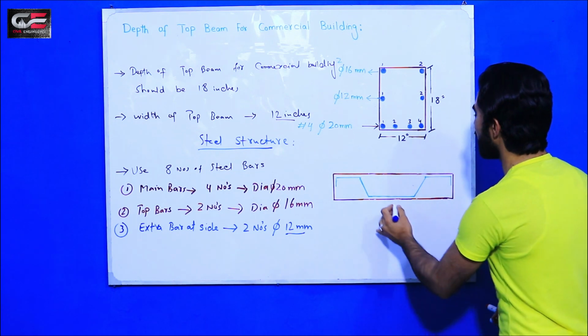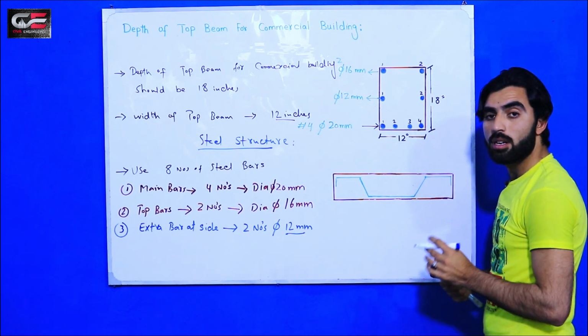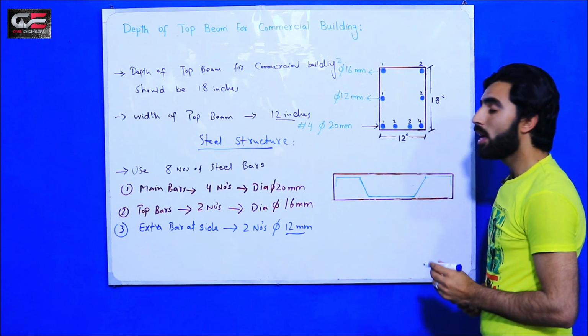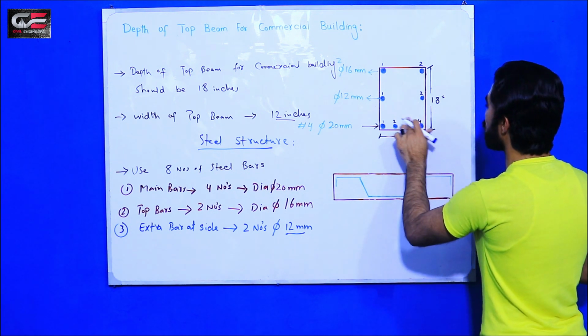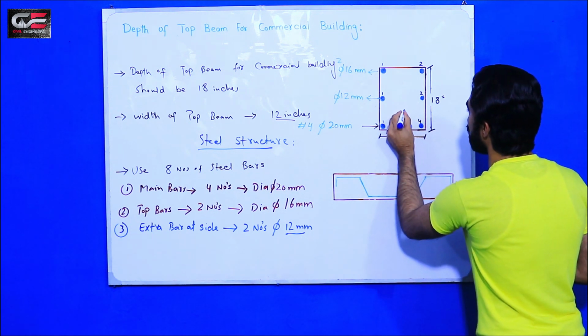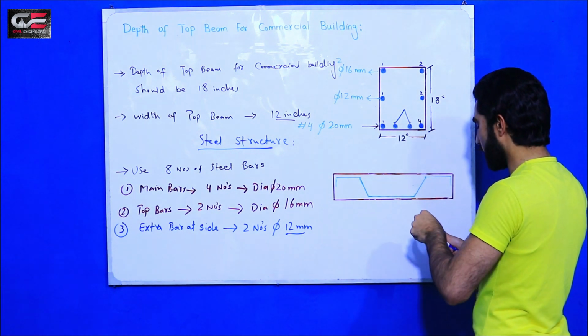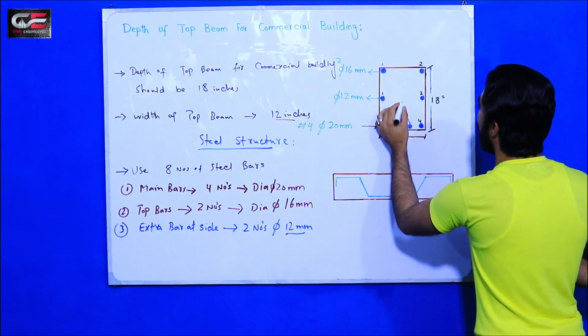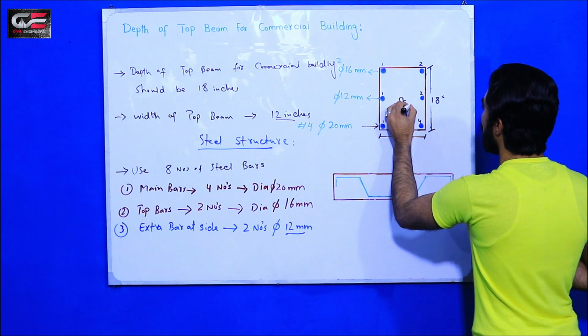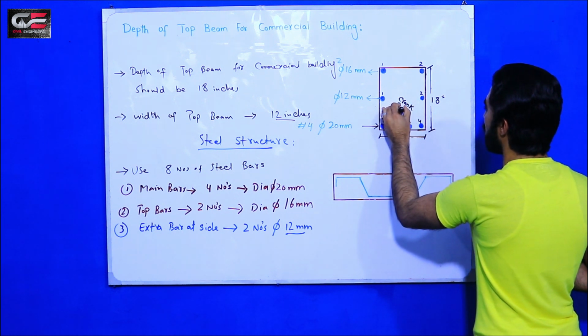Now guys, you can see this is the long section of this beam. As you can see guys, these two bars should be bent. Okay, it's also called crank bar. These are crank bars. How?